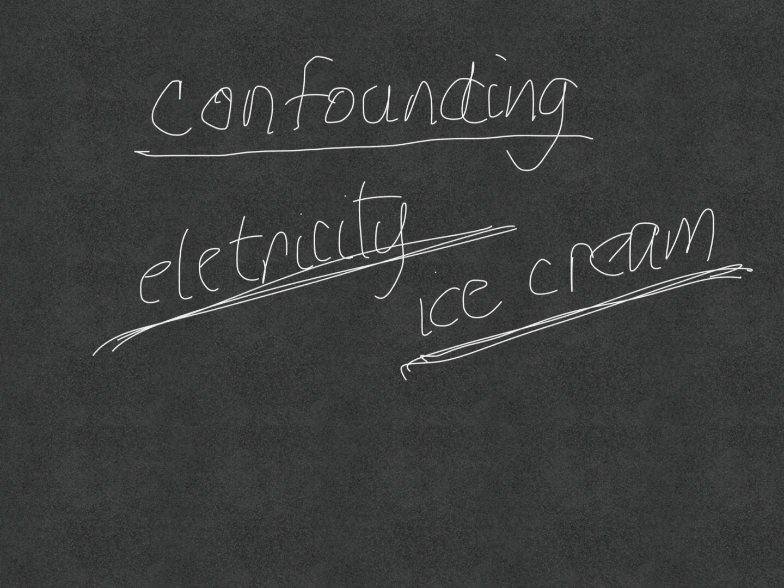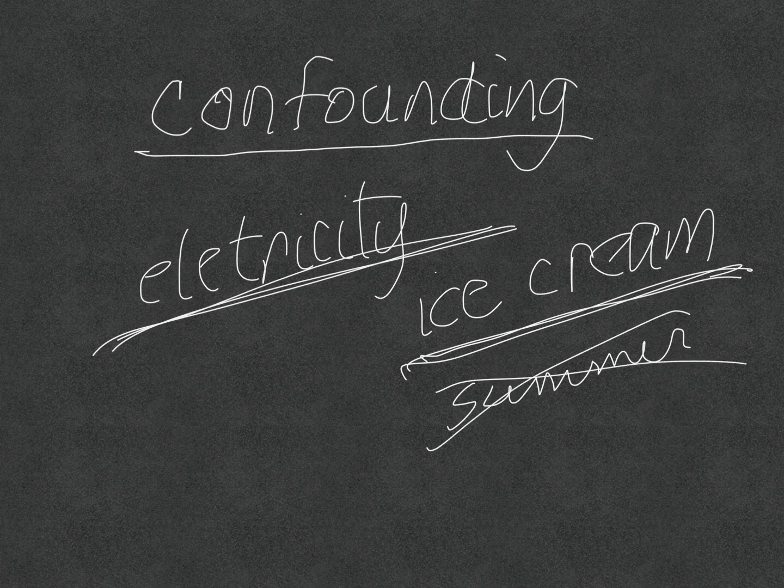Oh no, there might be a confounding variable. Can you think of it? Maybe it's just summer and it's hot. And so people buy ice cream to cool down and they turn up their air conditioners to cool down. Confounding variable: summer. So one of the reasons when you create an experiment you want to make your subjects very similar to each other is to avoid confounding variables.